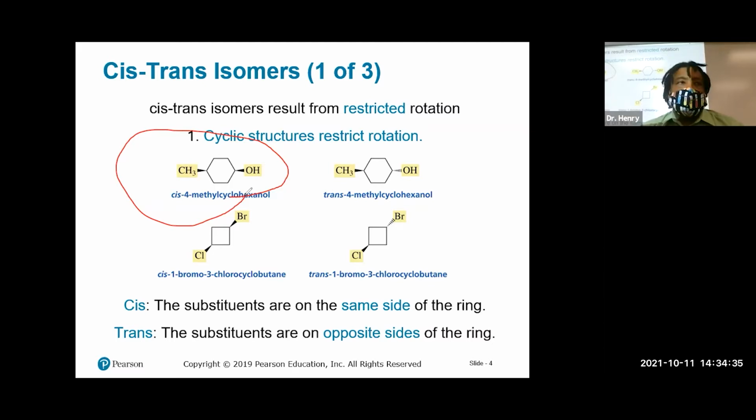So if the substituents are on the same side, it's cis. And if they're opposites, trans. I can tell the people who play with Legos.